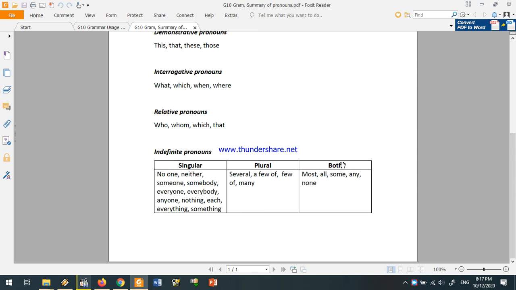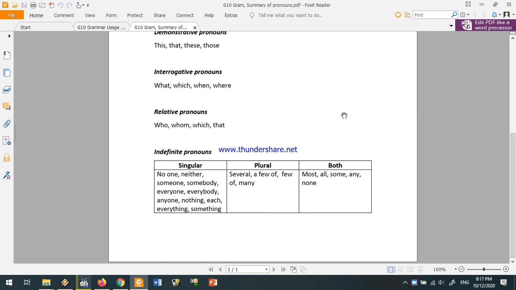Next, we talked about indefinite pronouns. It's a pronoun used to refer to objects or nouns or ideas that may or may not be specified particularly. We have three types of indefinite pronouns. The first one is treated as singular, so it takes a singular subject. The second one is treated as plural, so it takes a plural subject.